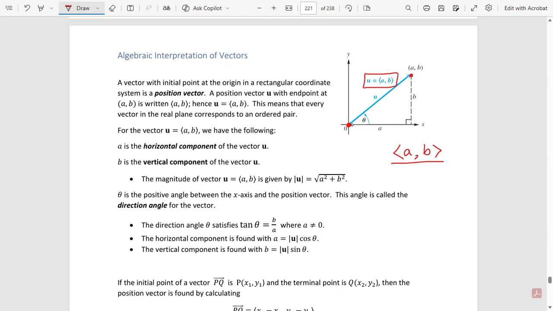A means the x value of the terminal point, and b is the y value of the terminal point. That's why a is called the horizontal component, because it's showing the value on the horizontal axis, and b is called the vertical component because it's on the y-axis and showing the vertical component of the vector.